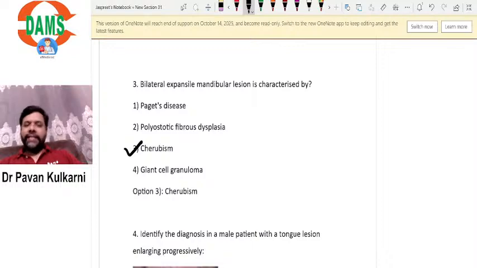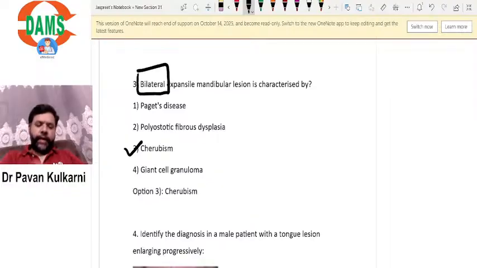But there are certain peculiarities you have to remember about Cherubism. First of all, Cherubism is autosomal dominant. It is bilateral, that is the uniqueness. It affects both sides. Initially it affects the mandible.